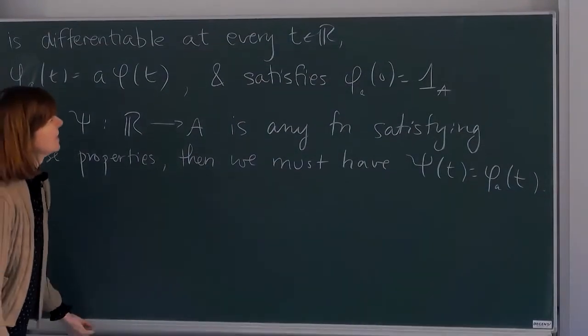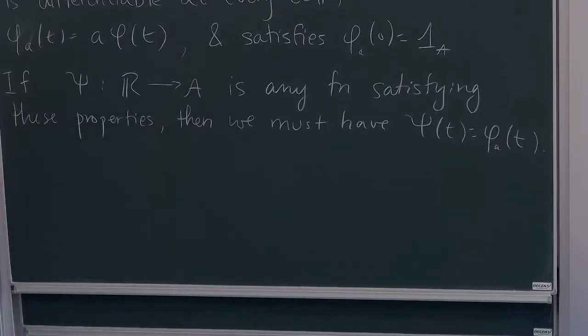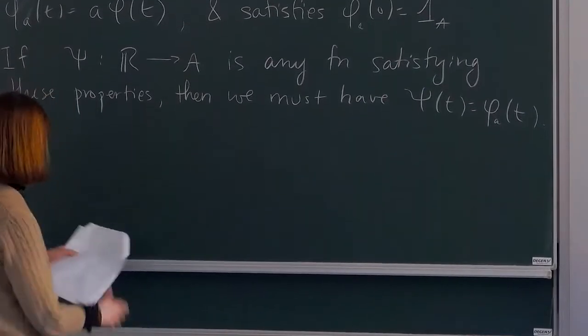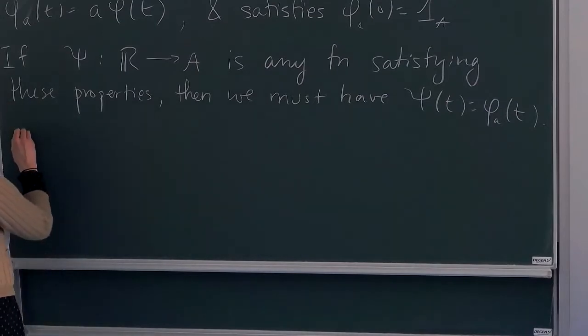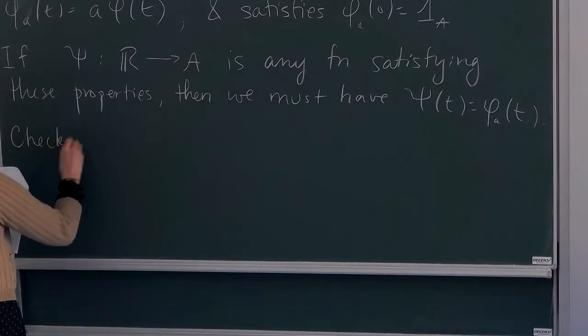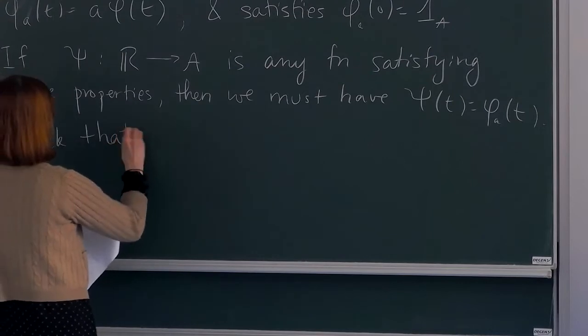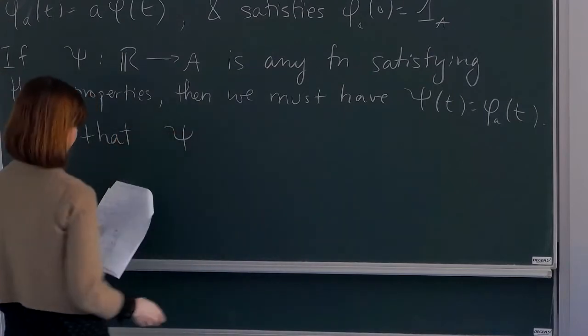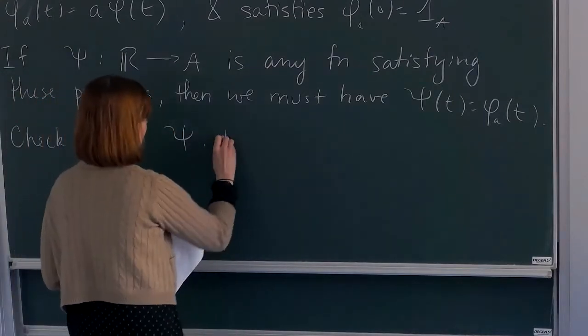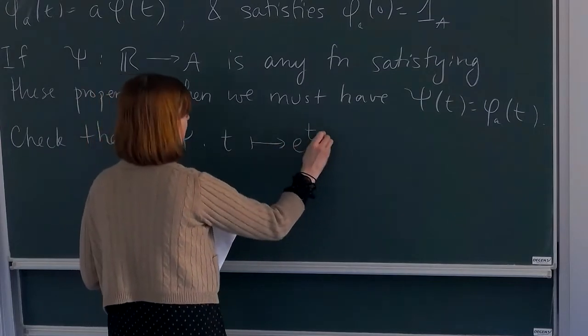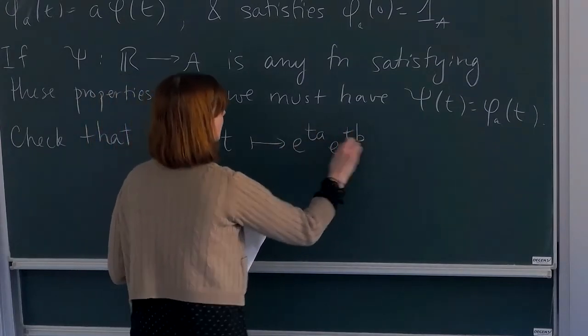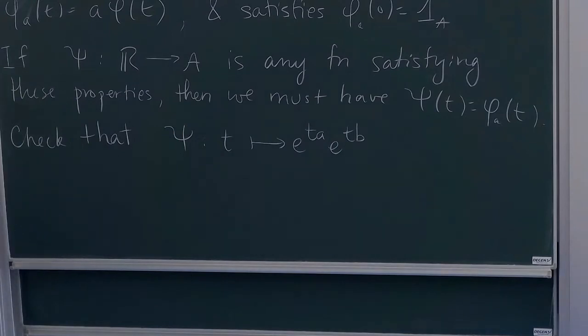So now note that if A and B commute, then we can make sense of this for A and B. And we can check that the function will satisfy the correct properties.